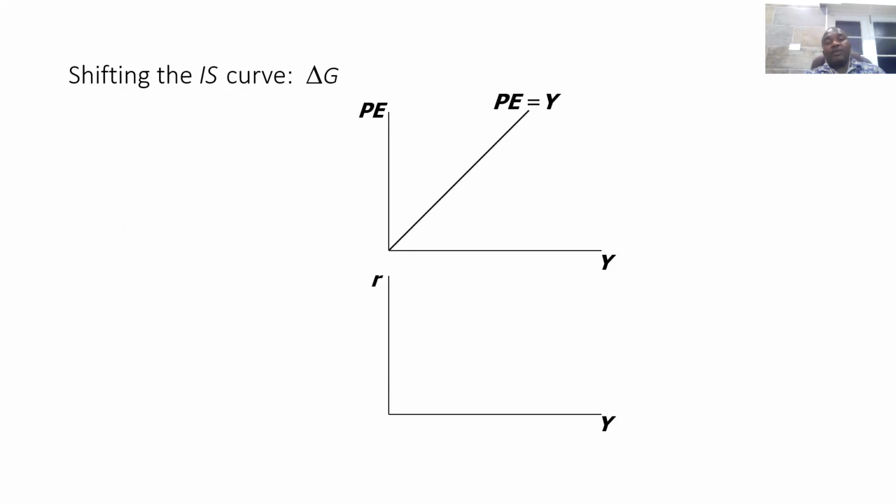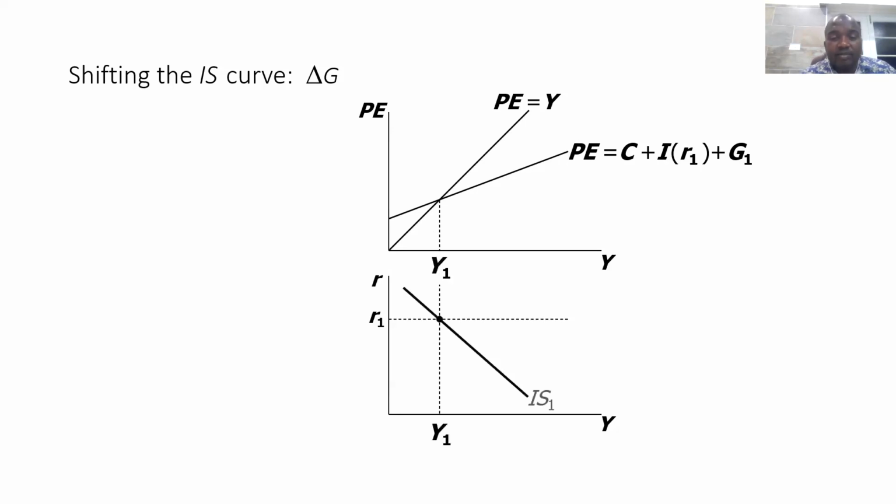So we start with our 45 degrees line where planned expenditures are equal to the real level of national income. And then we derive our equilibrium where PE equals C plus I plus G, with those qualifiers like R1 and R1 and G1, where the PE curve intersects the 45 degrees line, we get the first equilibrium.